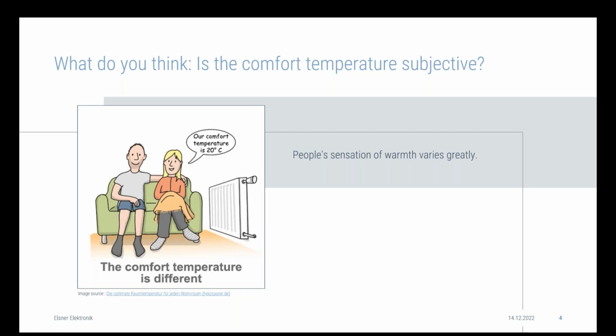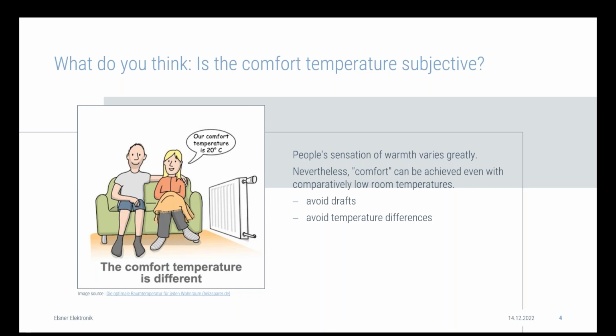As said, the heat sensation of people is very different. Nevertheless, comfort can already be achieved even with comparatively low room temperatures. So what do you need to take into regard when setting up heat control in your building automation project? First of all, drafts need to be avoided because they are perceived as very uncomfortable. Also, huge temperature differences should be avoided because this drains the comfort level of the people that work or live in a building.